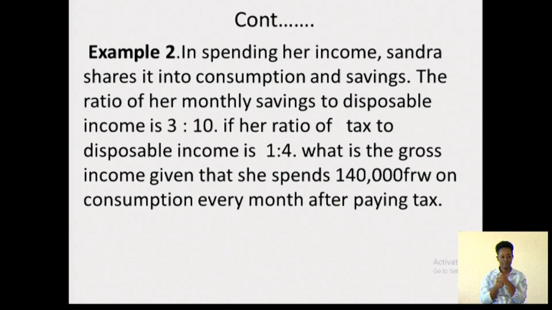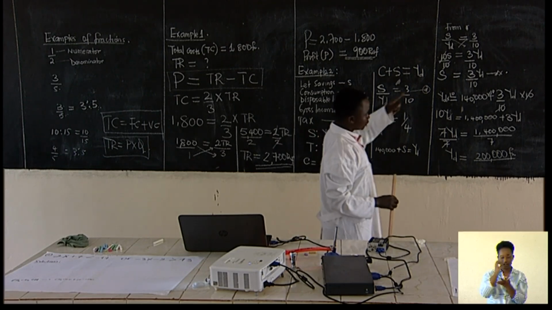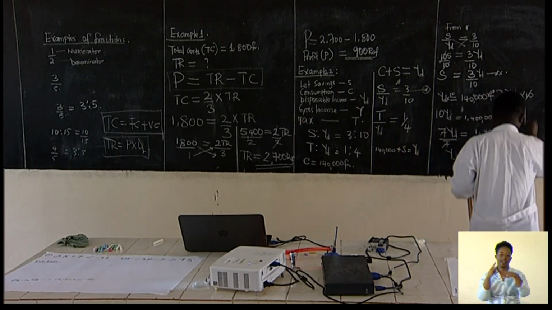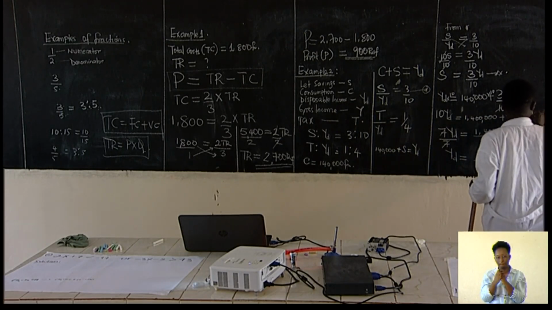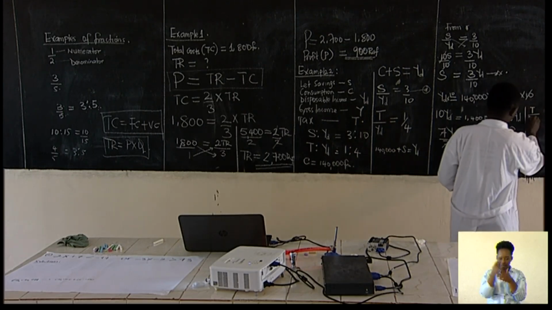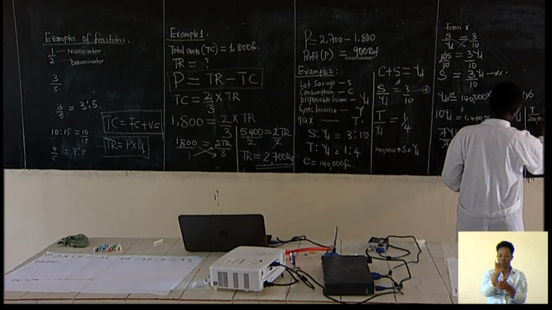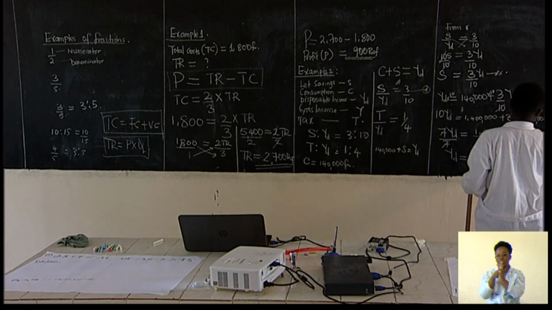So you can calculate the value of taxes, which we shall add there. Taxes out of our disposable income, which we already have as 200, should give you 1 out of 4.